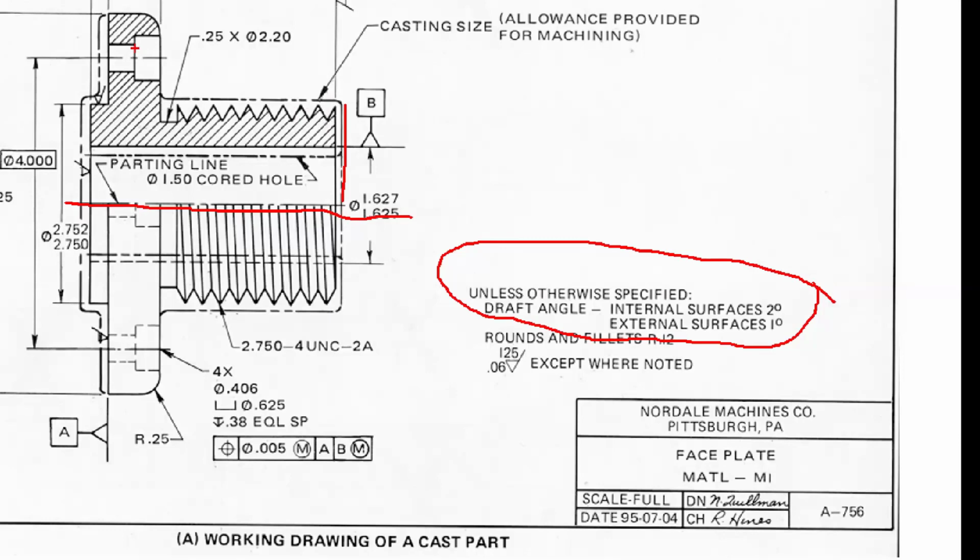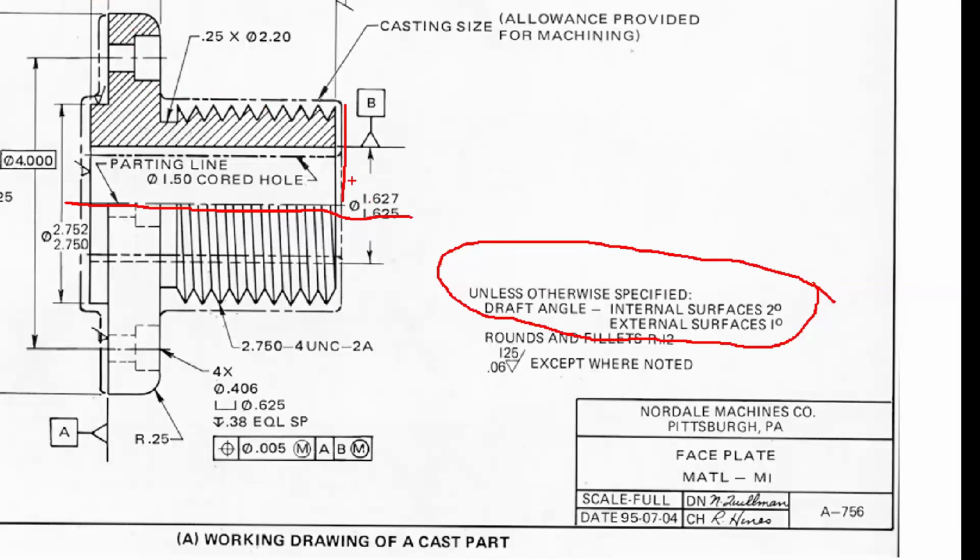So what I do is cast this block that is the shape outlined by those phantom lines. Then I take it to a CNC lathe or mill, and in this case it'd probably be a lathe. I'm going to turn this part down, cut these threads, bore out this hole the right size, and have a finished part. So the phantom line is what comes out of the casting.